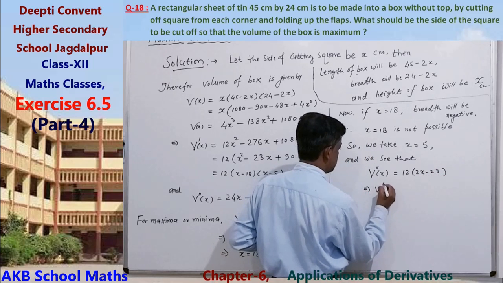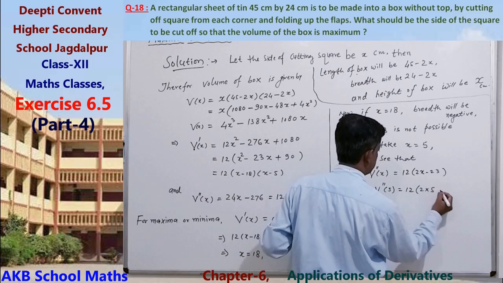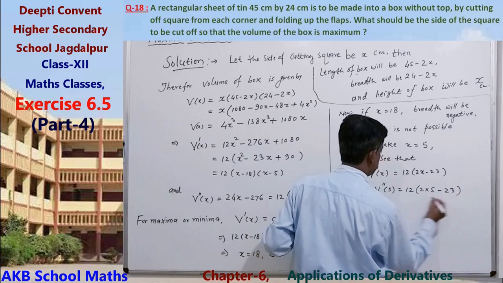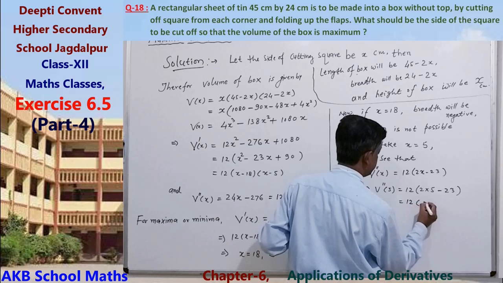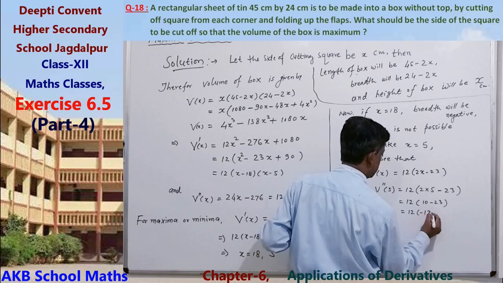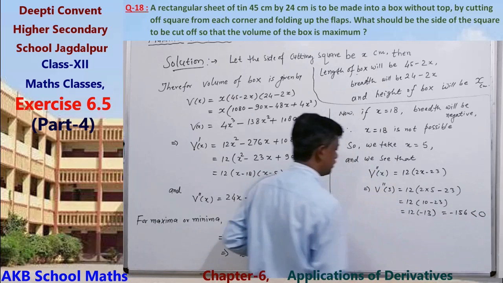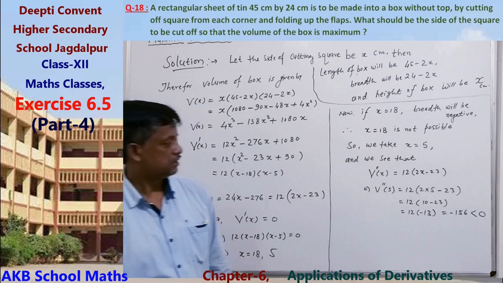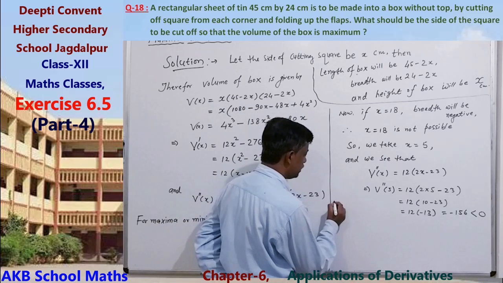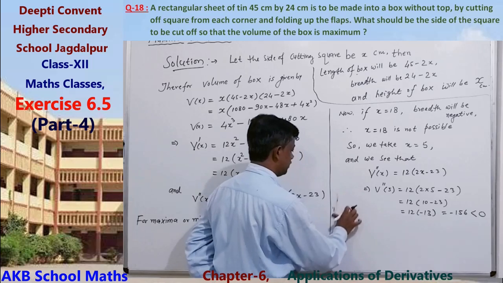That is V double dash at 5, 12 into (2 into 5 minus 23), 12 into (10 minus 23), 12 into minus 13 equals minus 156, which is less than 0.